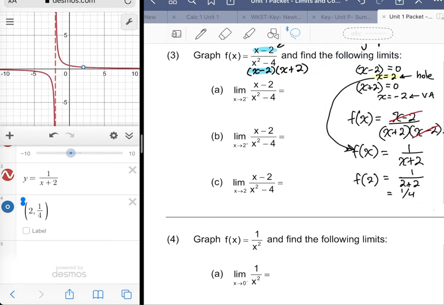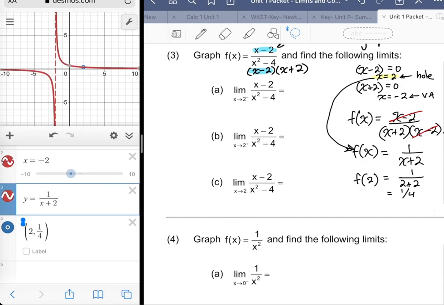But once you do that, it's asking what's happening as you get closer and closer to 2 from the left. If I'm following the path, I hop over the vertical asymptote and continue over here, I'm approaching the location of this open circle from the left.